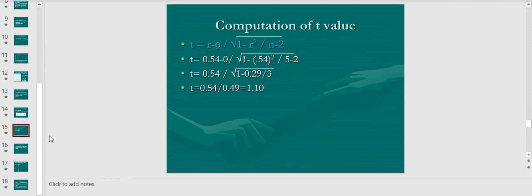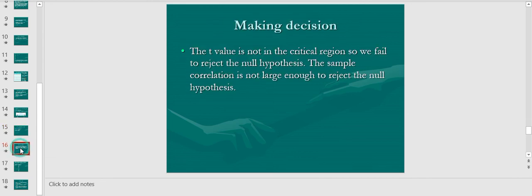We conclude that the t value is not in the critical region, so we fail to reject the null hypothesis and conclude that the sample correlation is not large enough to reject the null hypothesis.